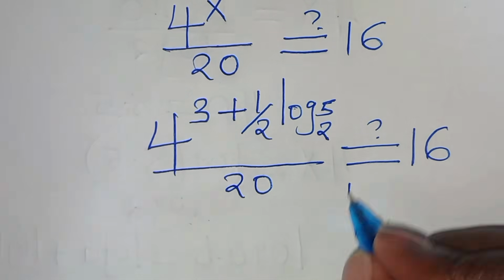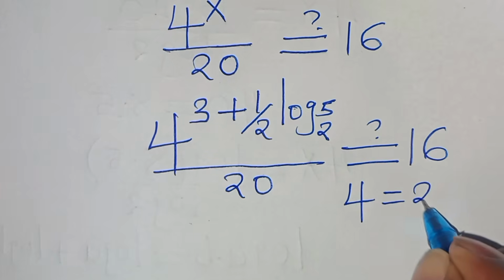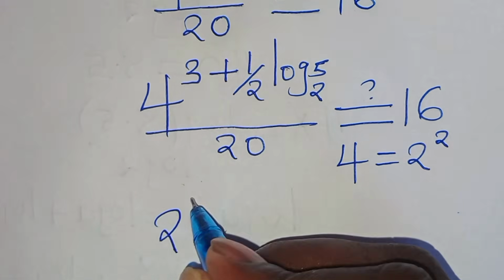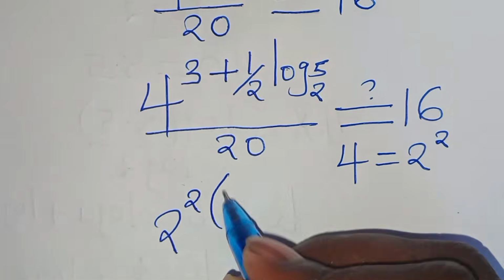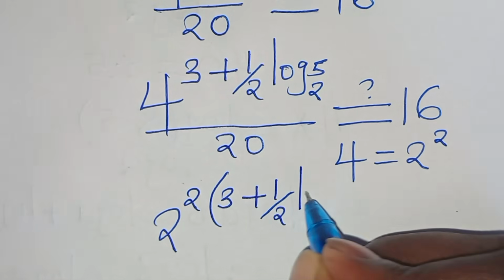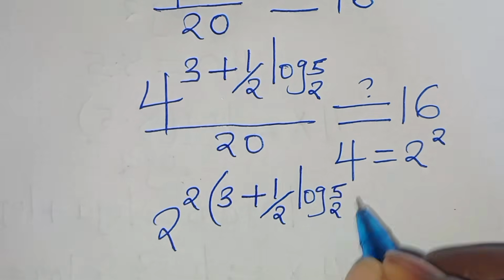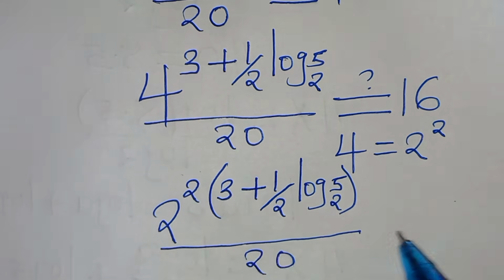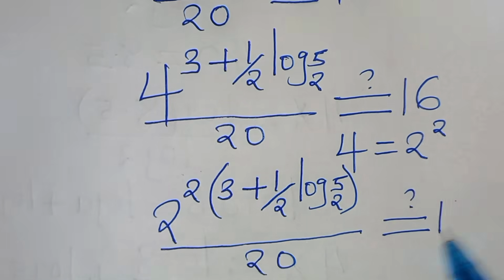Now we can express 4 as 2 raised to the power of 2. So therefore we have 2 raised to the power of 2 multiplied by 3 plus a half log 5 to base 2, close the parentheses, everything here divided by 20. This should give us a value of 16.